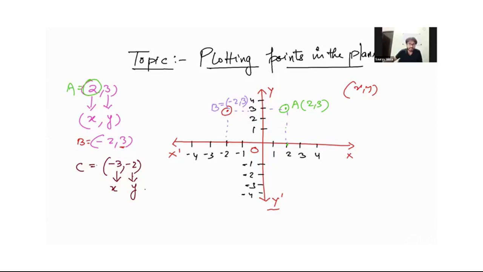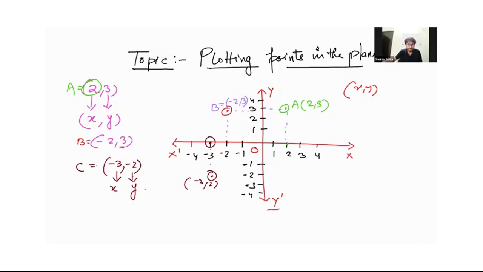Your x value is negative here, -3. Now you have to go -2 on the y-axis. Positive y is upward, and for negative it will be downward. So we will come down 1 unit, 2 units here. So this will be your -3 comma -2.